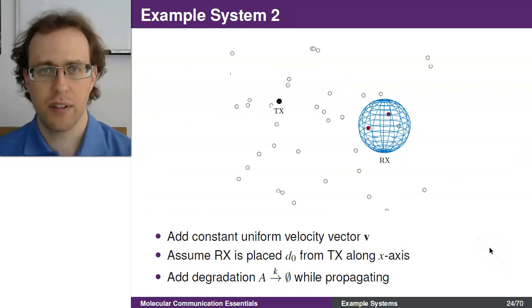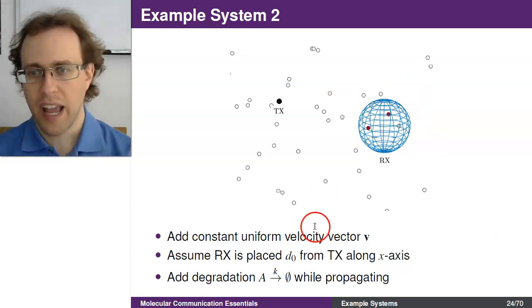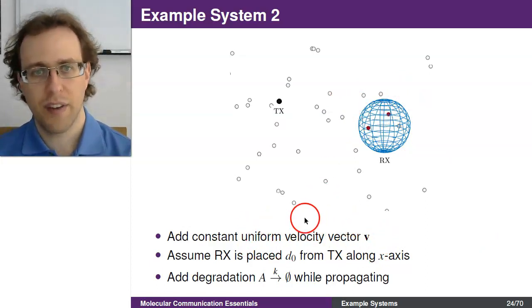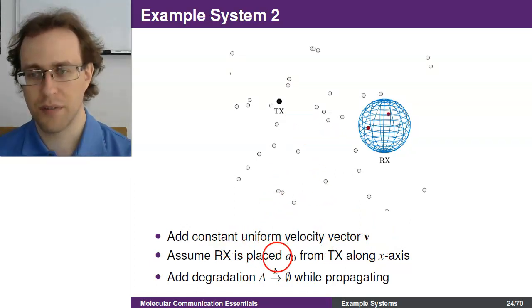The second example system that I want to show is going to start with the same conditions as the first system, where we have our point transmitter and our passive receiver. But this time we're going to add a uniform velocity vector v, and we're going to assume that the receiver is a fixed distance d0 from the transmitter, along the x-axis.